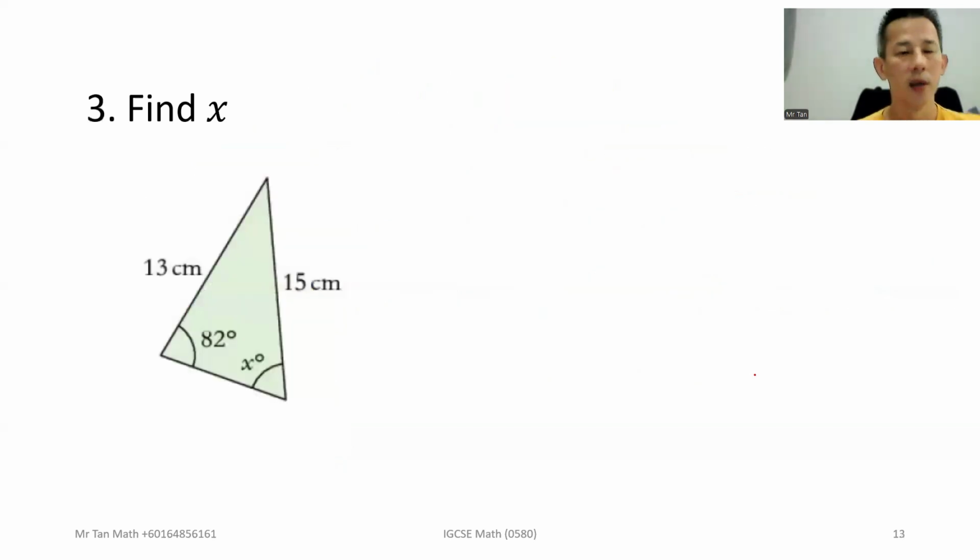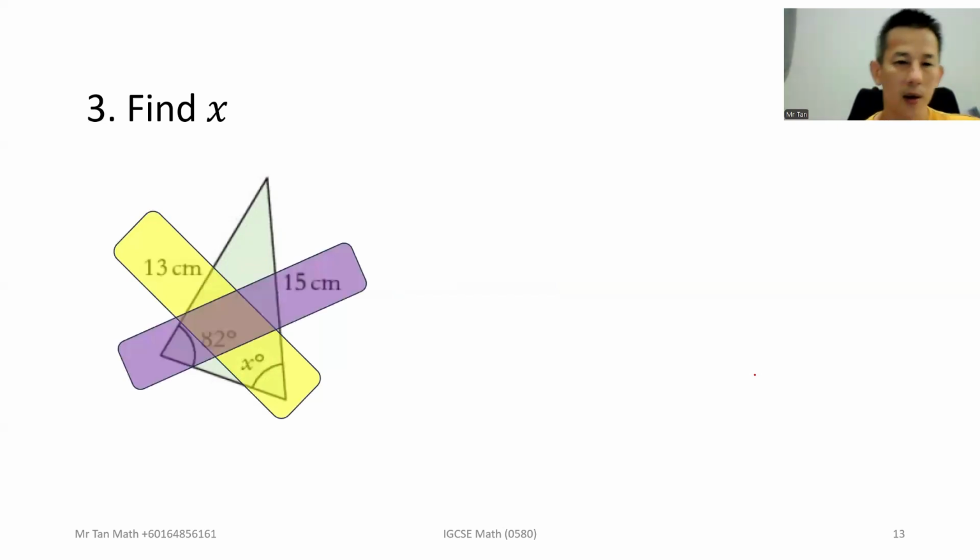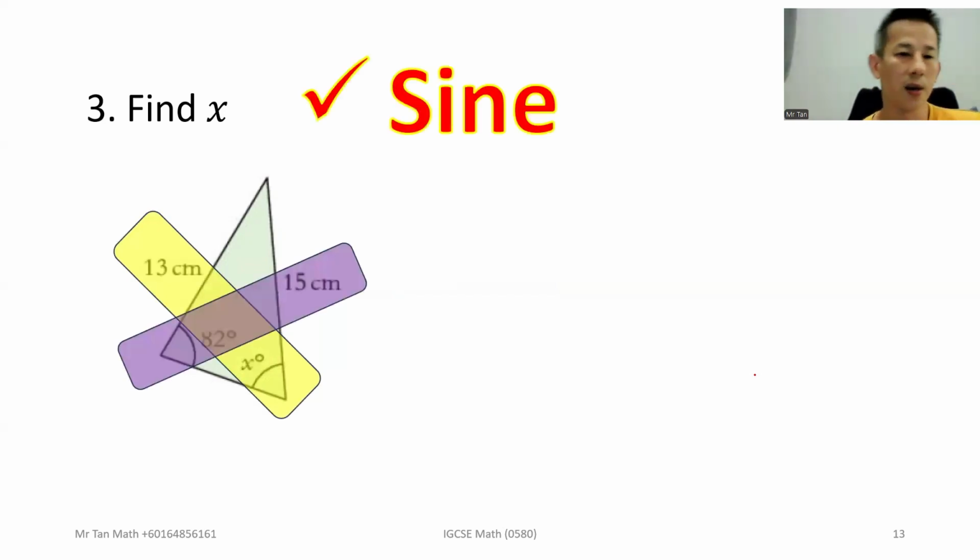Okay, next. Feel free to pause the video if you want to try first. First, the diagram is given, then you check the information. You have one pair and another pair. Therefore, use the sine rule. In this question, we're going to find the angle.